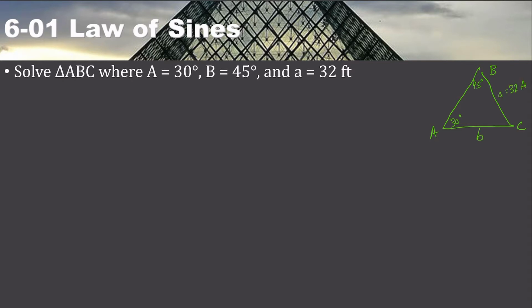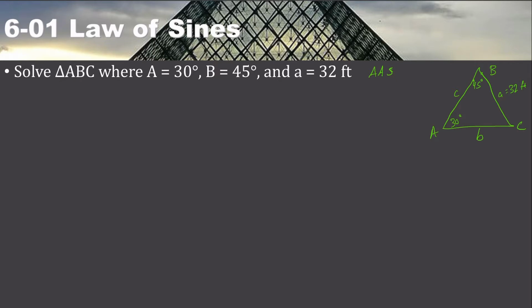This would be side b and side c. All right, so I know the A's. I have two angles and a side, and the side is not between the angles, so this is an AAS case.